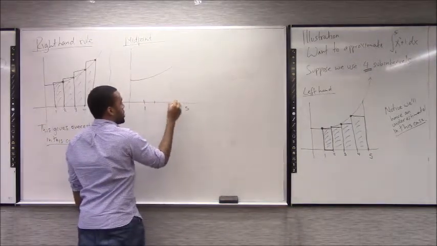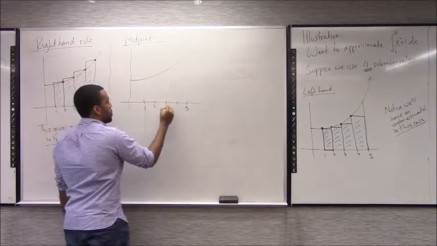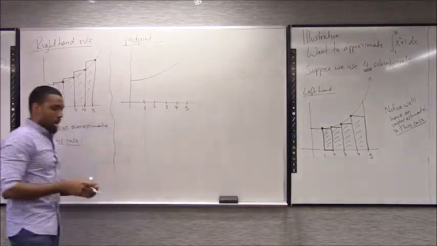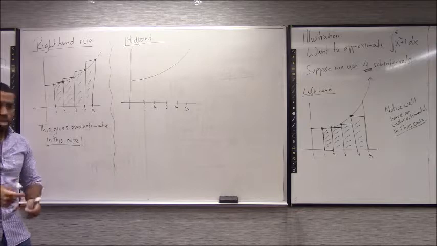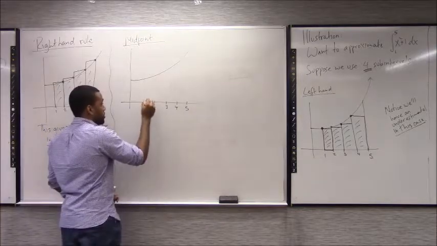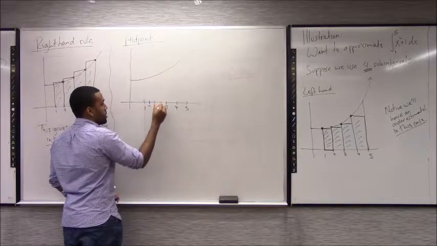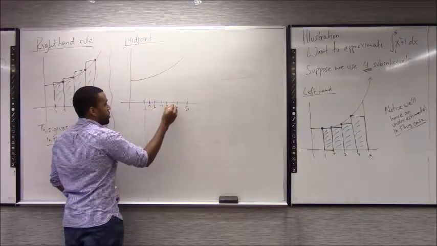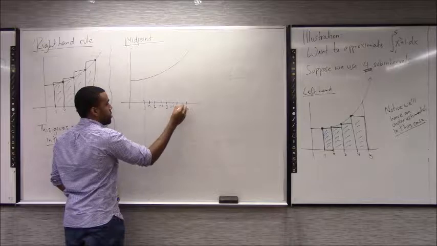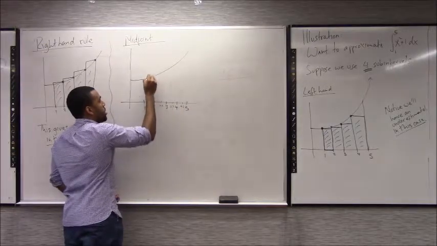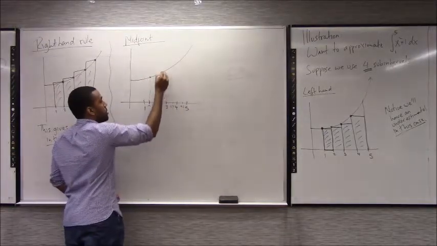I would cut it into 4 equal pieces, 2, 3, 4, 5. But now I'm going to define the midpoint of all these subintervals. That's the guy in the middle, so this would be 1.5, 2.5, 3.5, 4.5, and I will let the middle piece define the height of the rectangle.